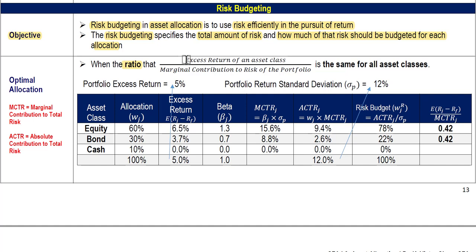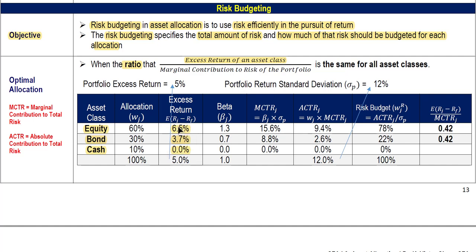The numerator is the excess return of the asset class. Remember excess return. For example, we have three asset classes: equity, bond, and cash. The excess return here is the expected return of equity minus the risk-free rate, 6.5%, 3.7%. Of course, the cash equivalent asset class has zero excess return.